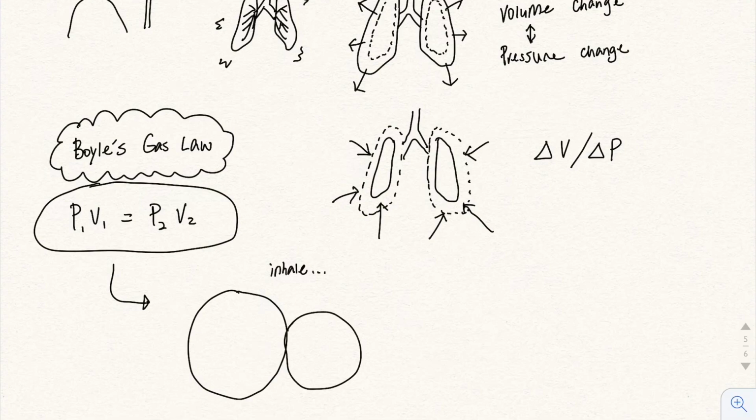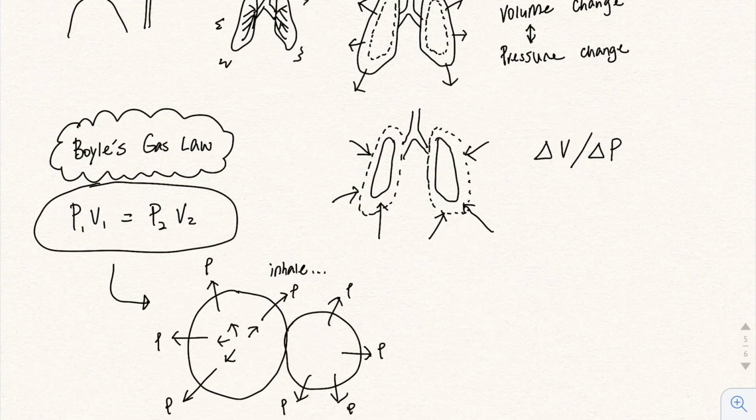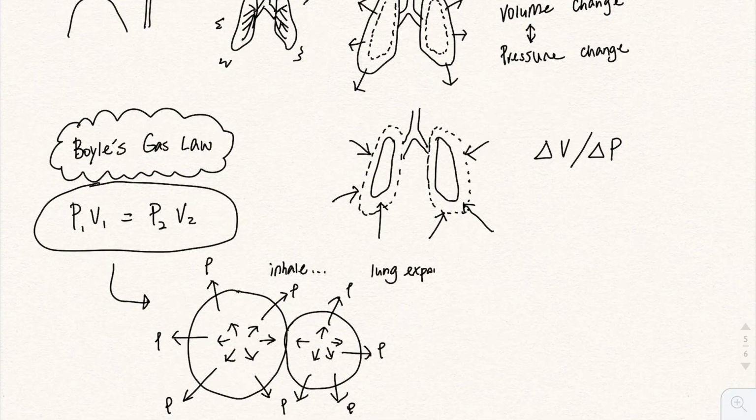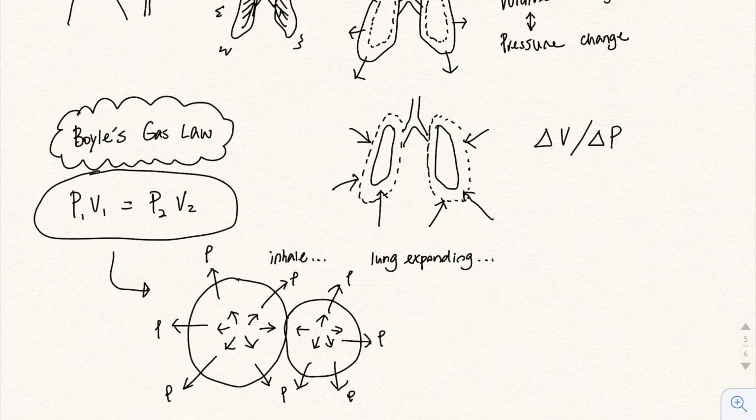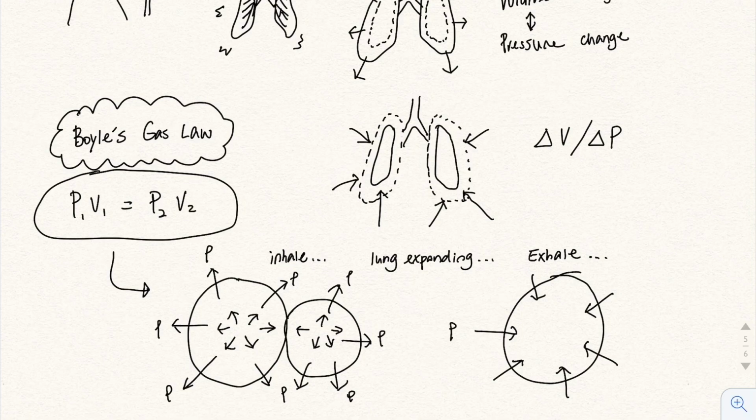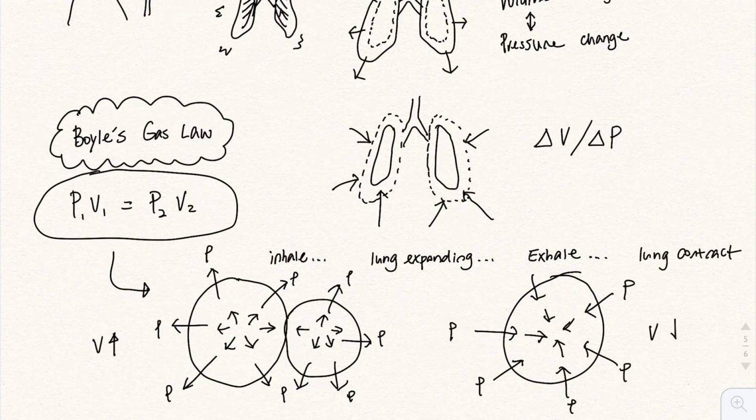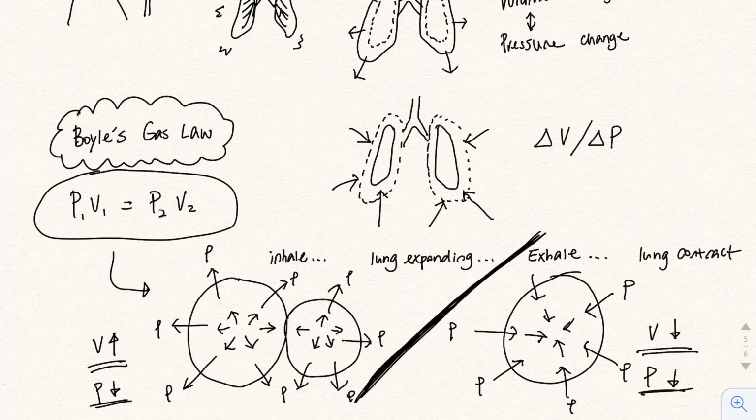During exhalation, the alveolar pressure increases as air gets pushed out by the abdomen contraction and intercostal muscles. As a result, the mechanics of airflow during breathing follows Boyle's gas law. So when volume increases, the pressure decreases, and vice versa.